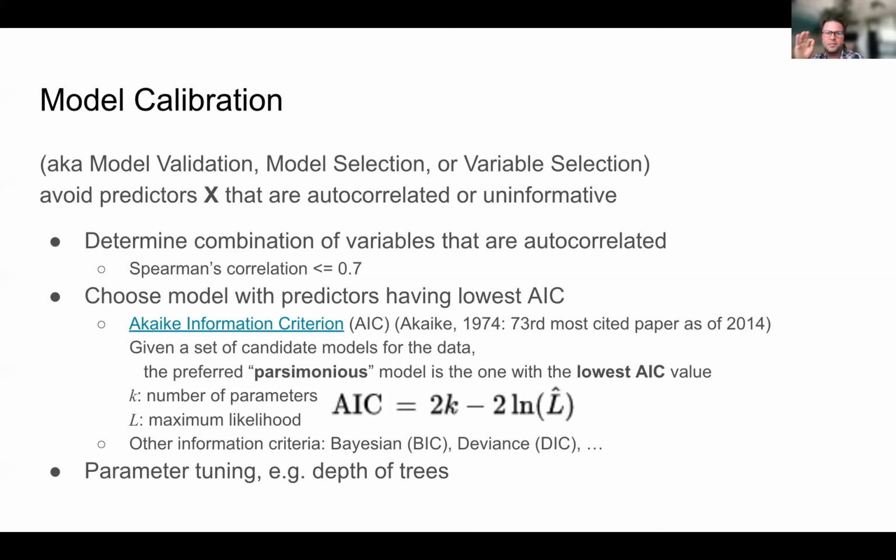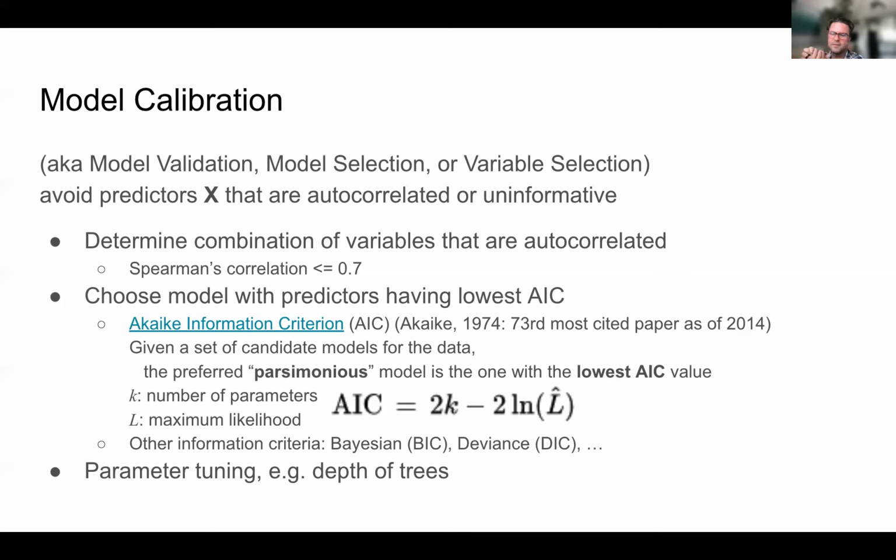So we have the simplest model explaining the most variance. And so there's a trade-off between explaining the variance in how your predictors influence your response and getting it right, versus having too many parameters in your fitted model. And this is the most common way of doing it.